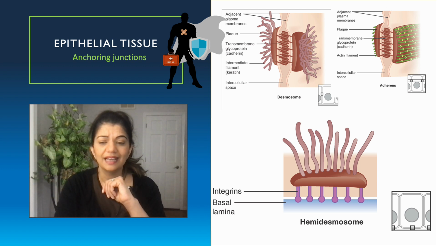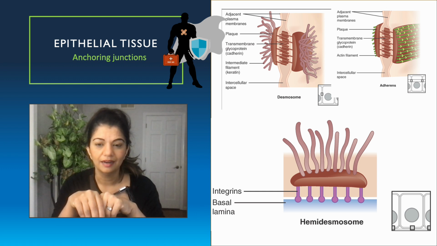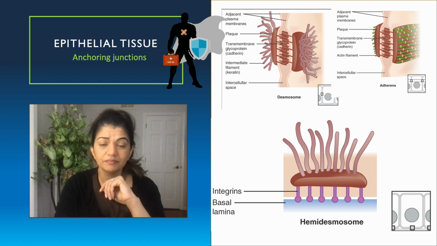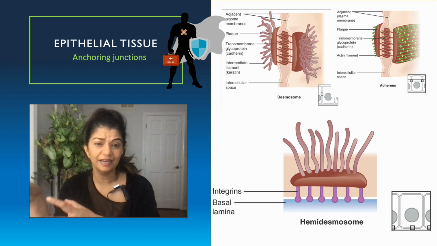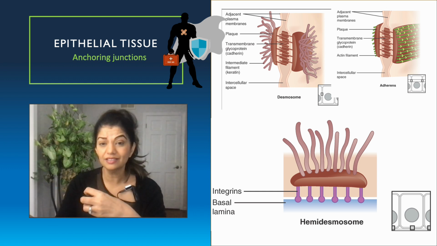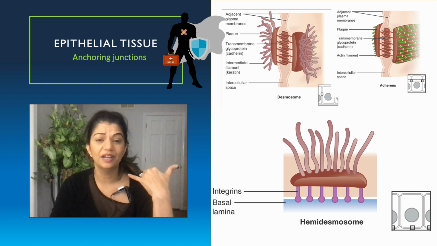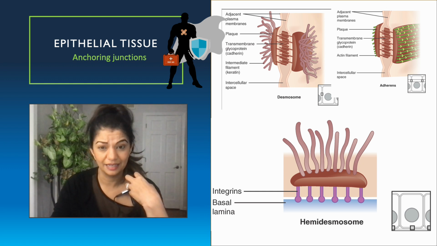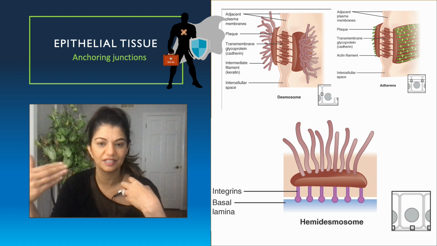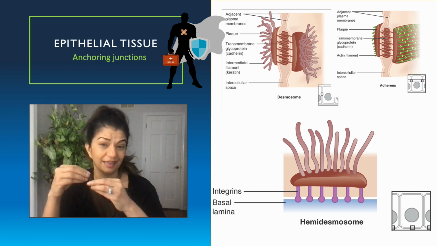All right, then we've got adherens junctions, and that's that carpet-looking structure that you see on the top corner of the slide. Now, adherens junctions use either cadherins or integrins, so it can use either depending on whether they're linking to cells or matrix. So that's what you want to remember. When you're connecting to matrix, it's going to be integrins. When you're connecting to another cell, you're going to need cadherins. So just remember C for cadherins, C for cells. And these junctions are characterized by the presence of something else, though.